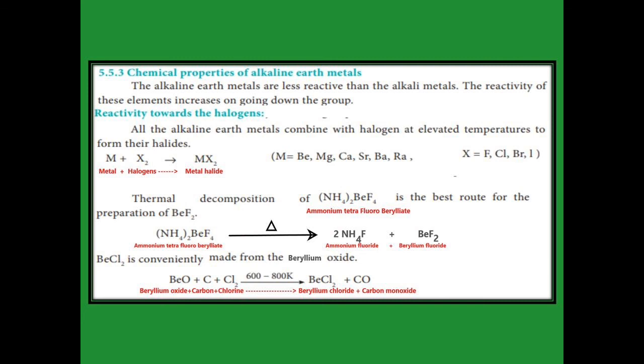On heating, this compound decomposes to give ammonium fluoride and also beryllium fluoride. Then beryllium chloride is made from beryllium oxide. When beryllium oxide is heated with carbon and chlorine at 600 to 800 Kelvin, it gives beryllium chloride and carbon monoxide.